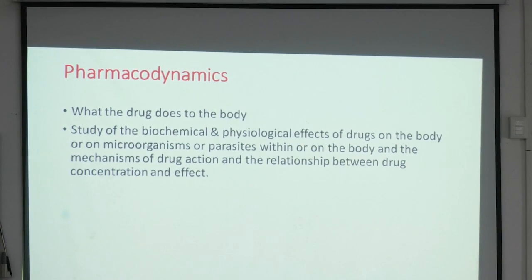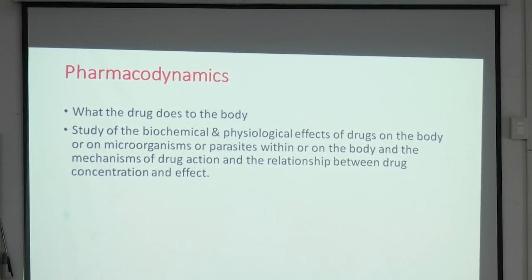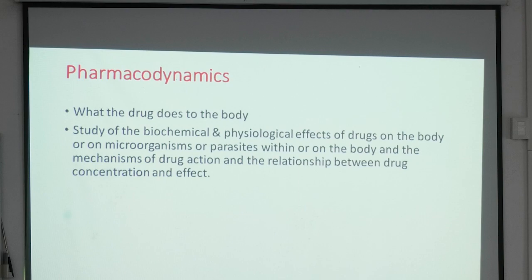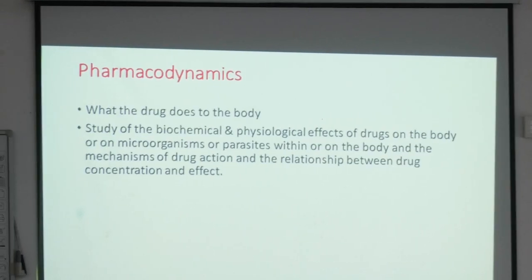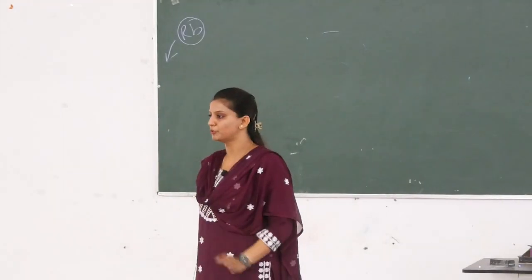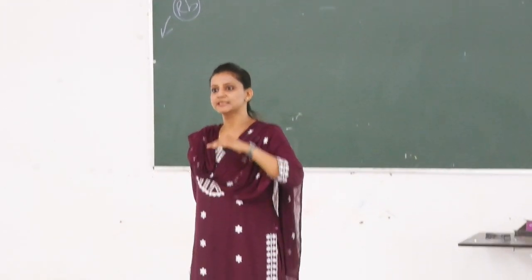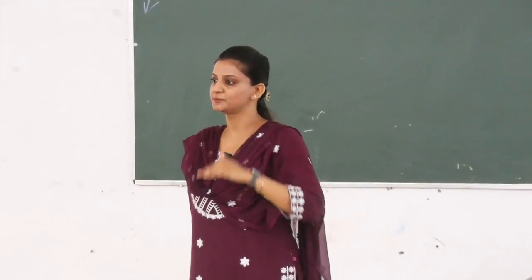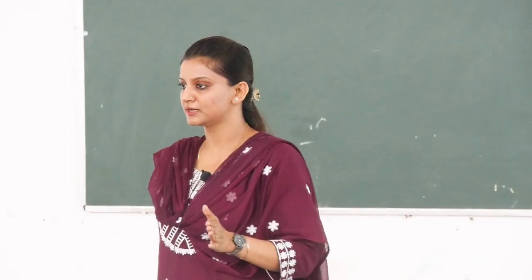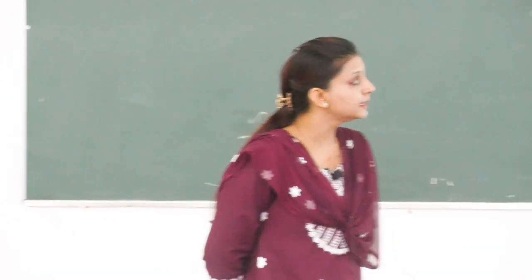That means a drug cannot give a new biological effect. It can only speed up or slow down a physiological effect already present in the body, or block it. Next, the effect on microorganisms or parasites.